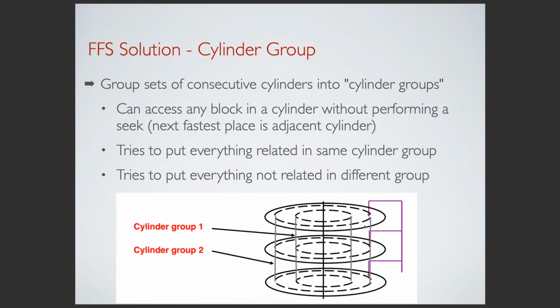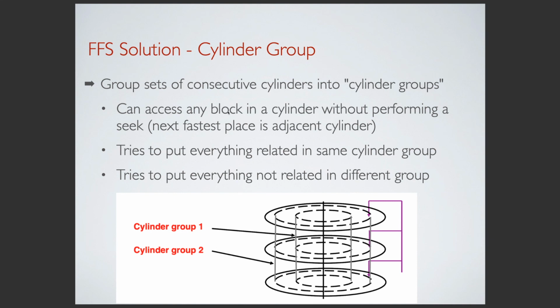So if you want to minimize moving the head, what you can do is group them together. You're going to group all the sectors per cylinder and all the sectors per track, and you're going to try to keep stuff like this.